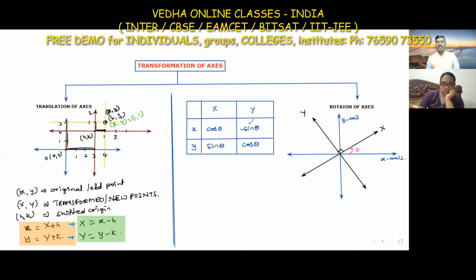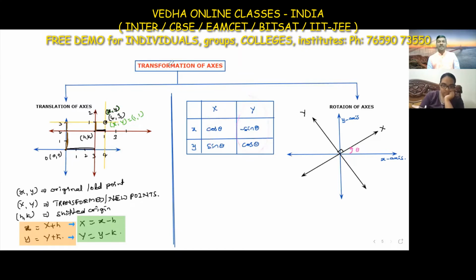If I want small x, I'll take the row like this. If I want small y, I'll take the equation like this. If I want capital X, I take vertically like this. If I want capital Y, I take like this.